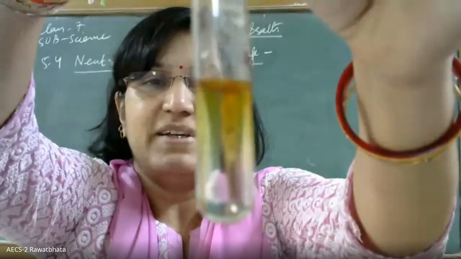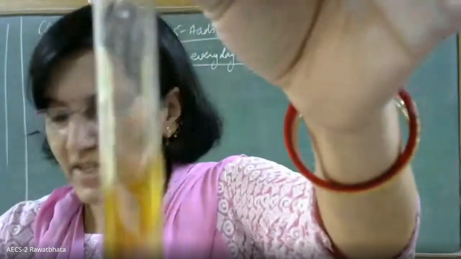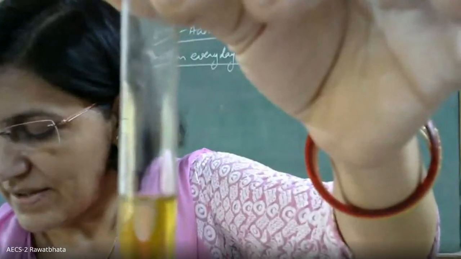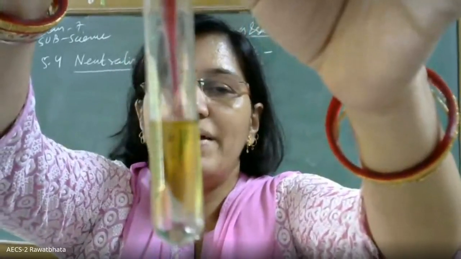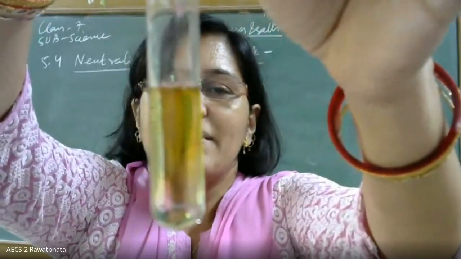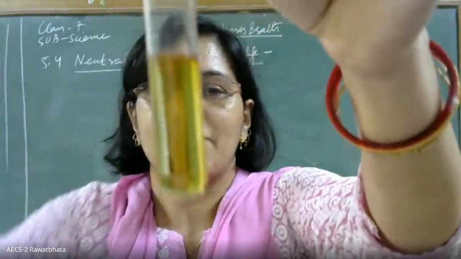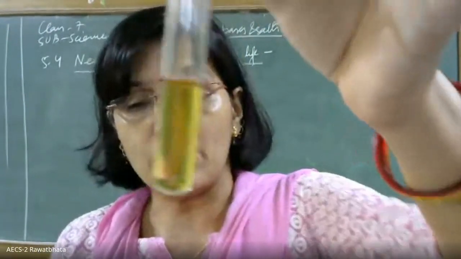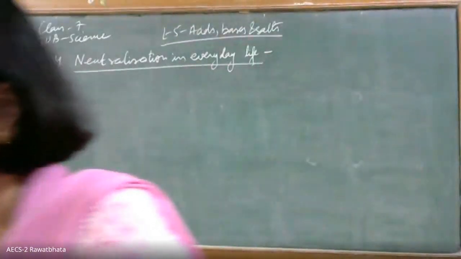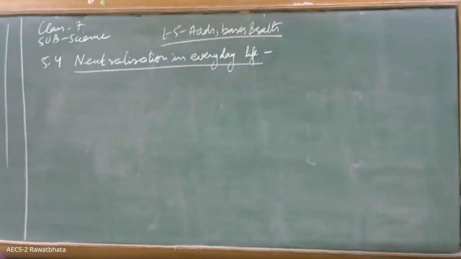This is what we wrote the other day, that the beetroot color changes to yellow in a base. Got it? In the same way you will get the color change if you use sodium bicarbonate at home.